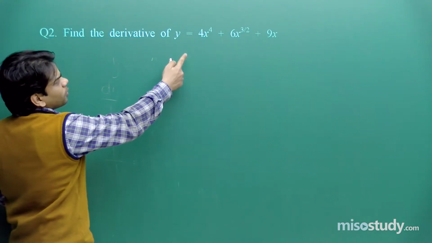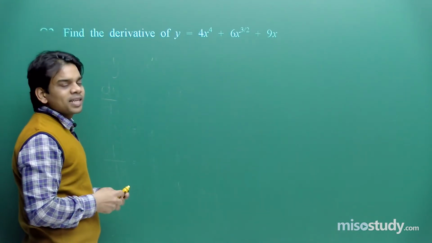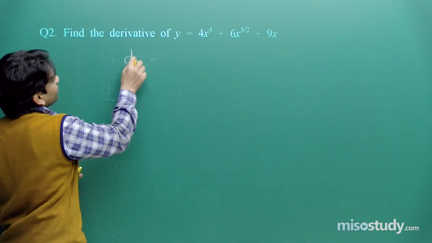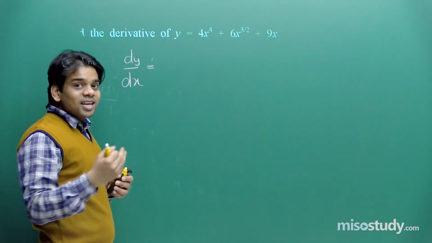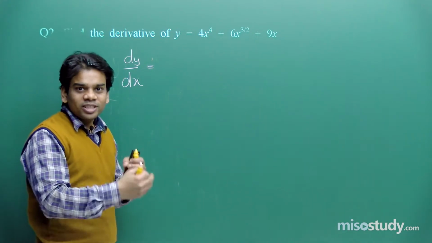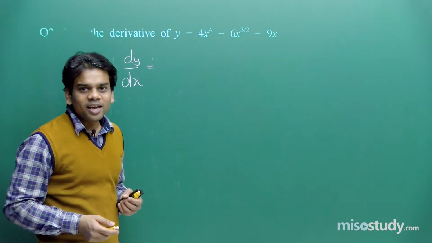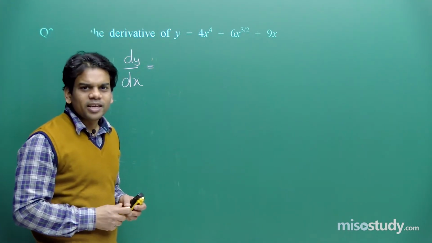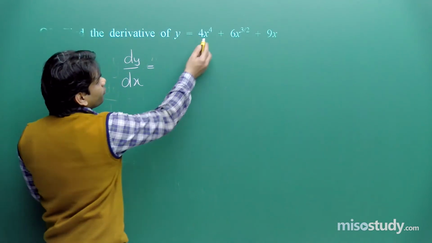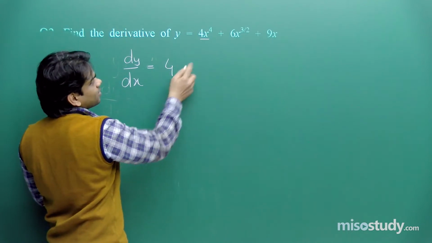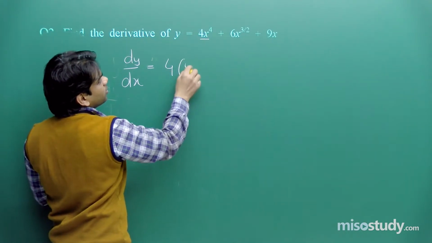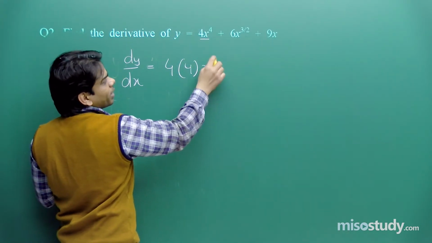So y equals 4x power 4 plus 6x power 3 by 2 plus 9x. So let's directly write dy by dx. When several functions are in addition, you need not worry, you have to differentiate each of the functions separately and you have to write their values separately and you have to add them. So for 4x power 4, if I differentiate it, keep 4 as it is, now x power n formula, 4x power 4 minus 1, that is 3.